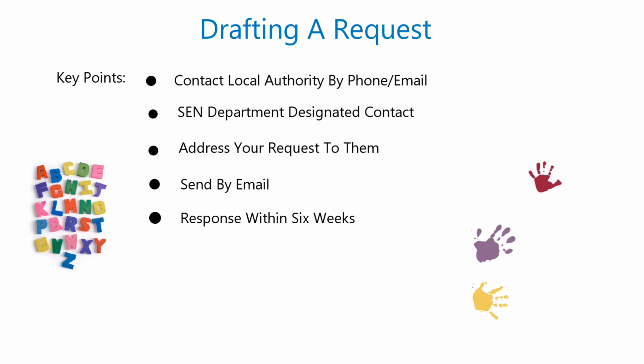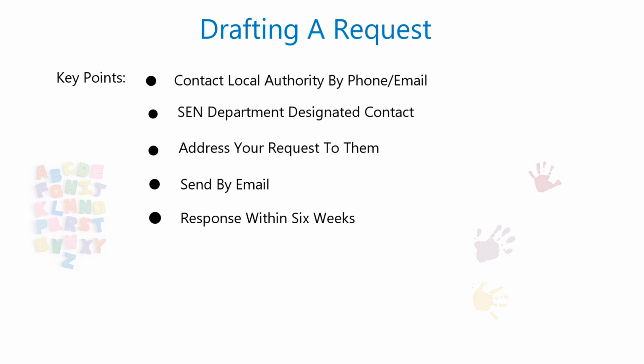Find out the name of that person and address your request to them. My view is to send the request via email so that you can track it and make sure it's responded to within the statutory timescales. And just to recap, from making your request, the local authority must process it and reach a decision within 6 weeks. Right, so let's draft the example.